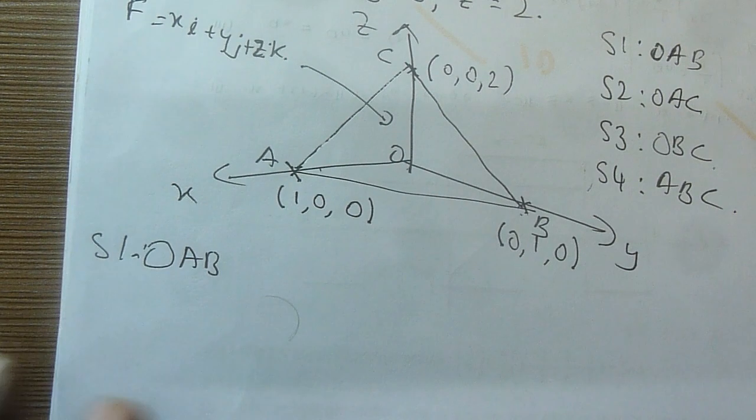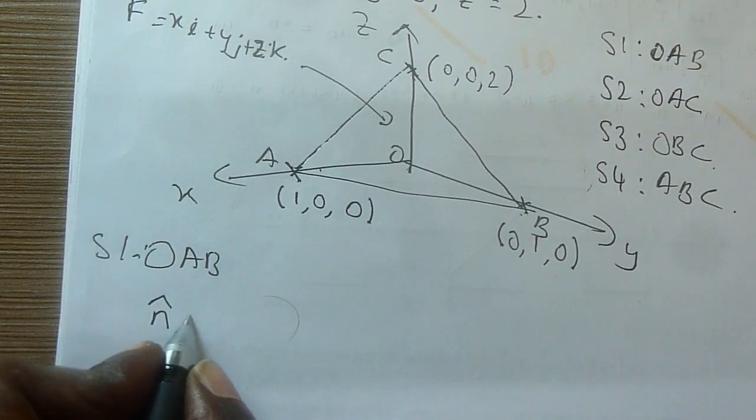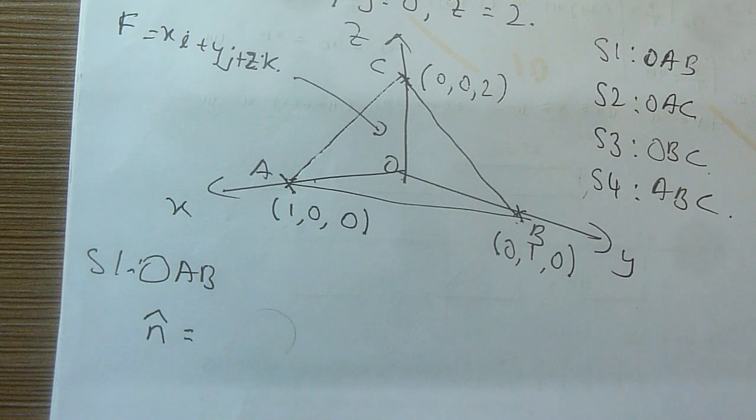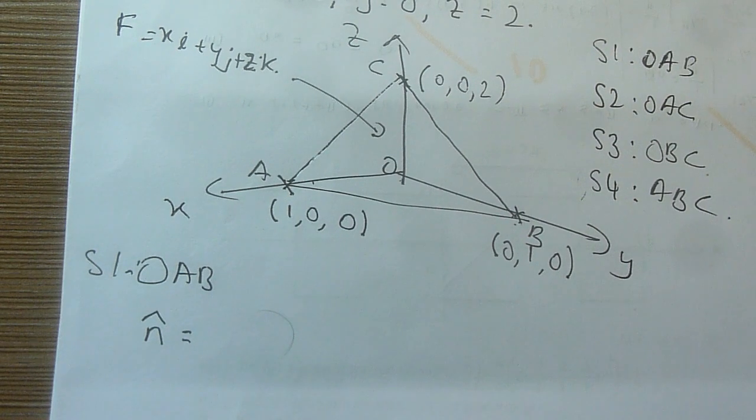Okay, our first task is what is N. Okay, what is N? And yeah, I need to emphasize here also. Some student did ask me why n is changing. That n is a normal, okay, normal to the surface.